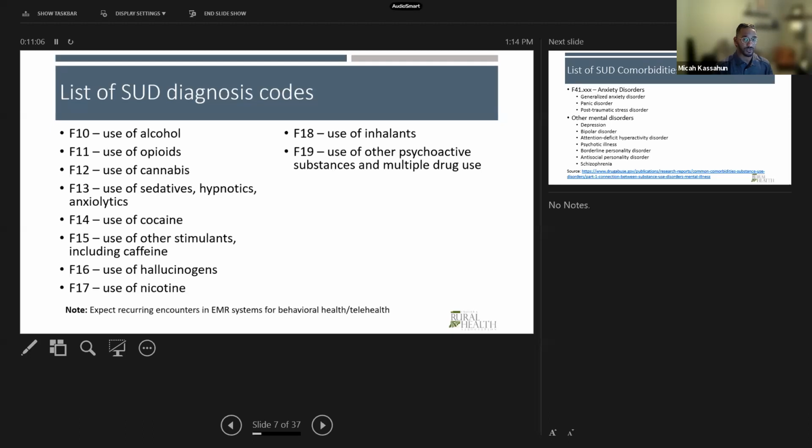Every single possible drug, inhalant, barbiturate, they all exist within the ICD-10 in some nature. So you can always guarantee that from F10 to F19, all of those codes are reflective of an SUD. And these are commonly used throughout the behavioral health realm. I see this also currently within our Crossroads program with our telehealth program.